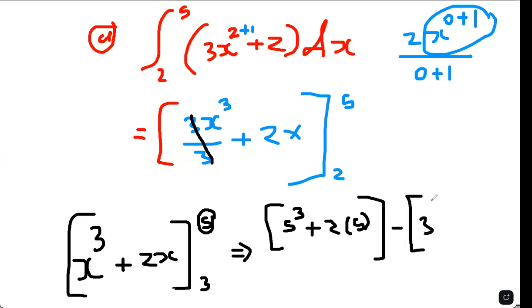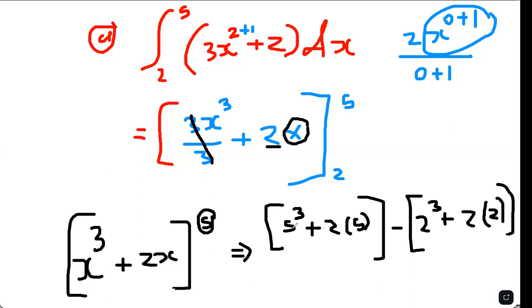Sorry, the lower limit is a 2, so we'll put a 2 here. We have 2 power 3, where there's x we are putting a 2, and then we have a 2 multiplying x, which this time is 2.